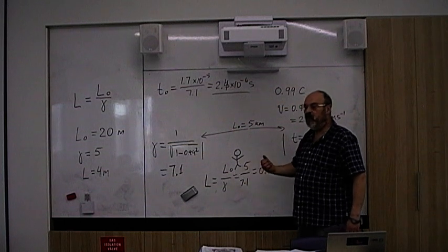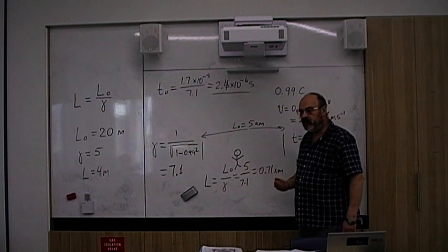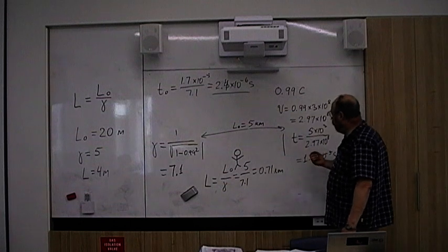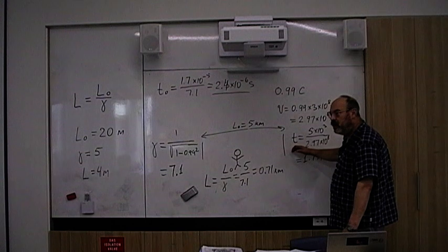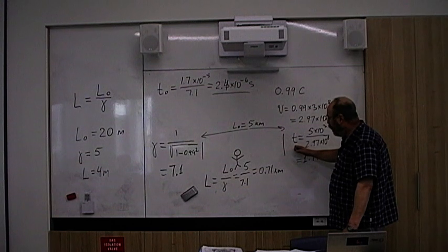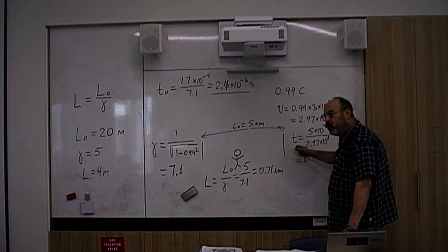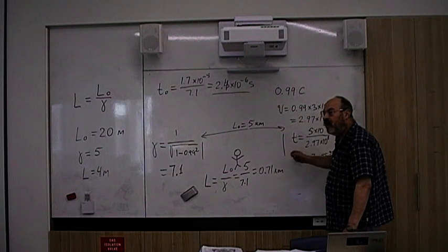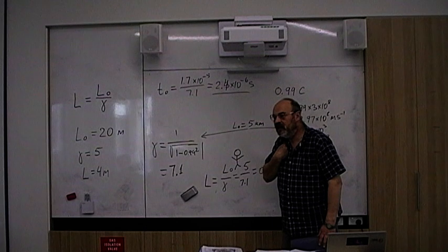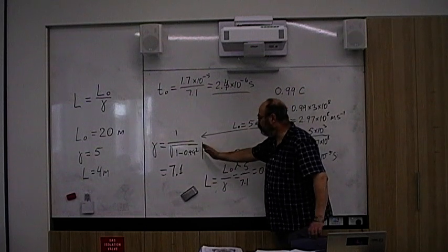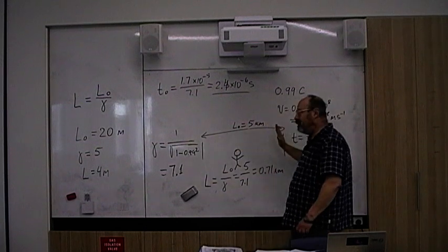No, I know that, but why do you use proper length to calculate time? To calculate the time. Yeah, but that is not a proper time. Why is it not a proper time? Because it's a time of what? Time that it takes the particle to move from here to here.